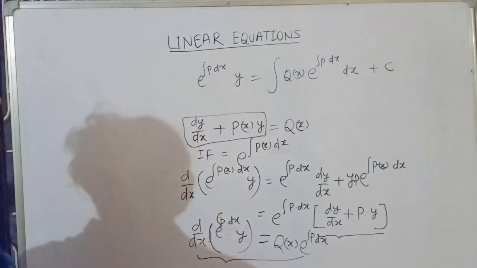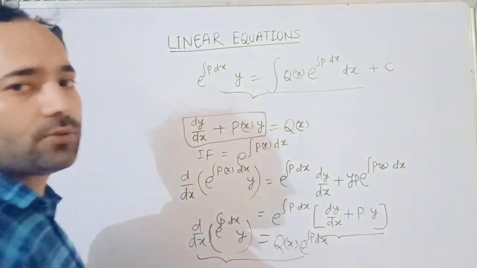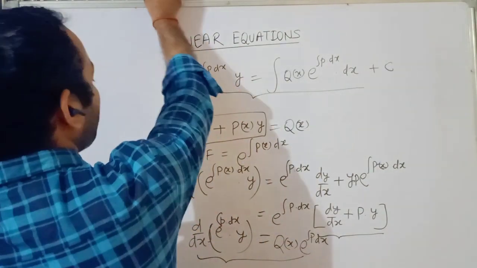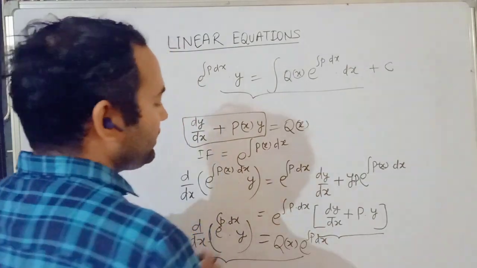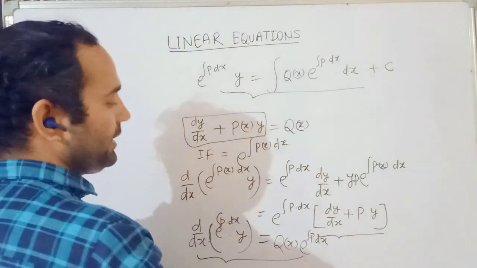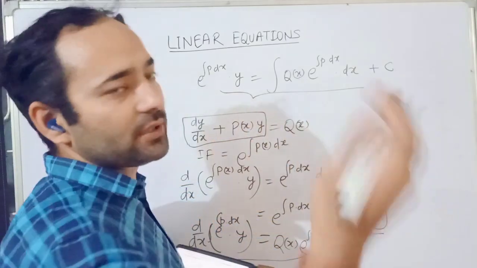By the way, you don't have to remember this formula. I would not recommend memorizing that formula. Instead, what you remember is the procedure, the way it has worked out. So from here you can calculate y, and that would be the solution.